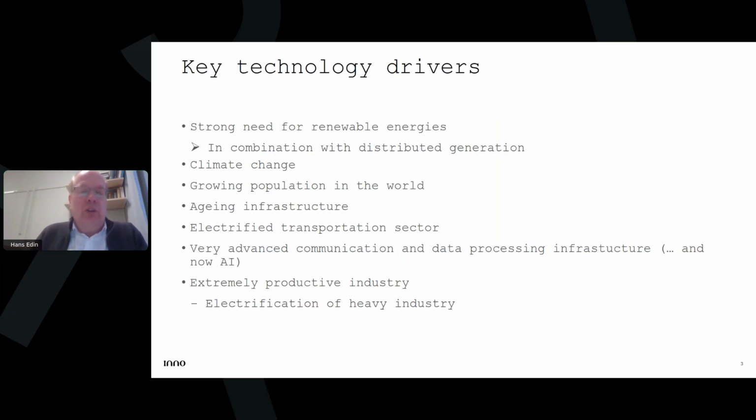On top of that, we have also seen a very large evolution in technical performance in other areas like communication, data processing, infrastructure, and now the latest, artificial intelligence. We also have an extremely productive industry, and we now see a fifth generation of electrification of heavy industries, moving away from fossil-based heating, for example, and other means.